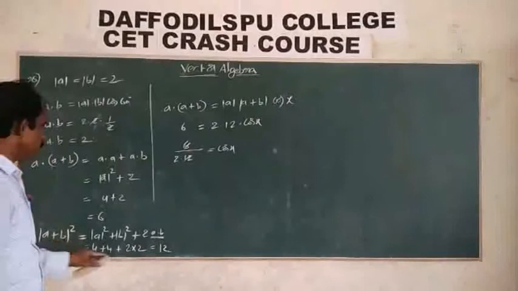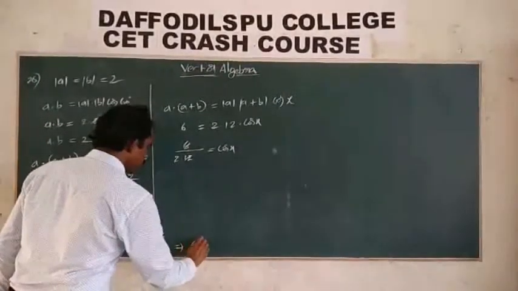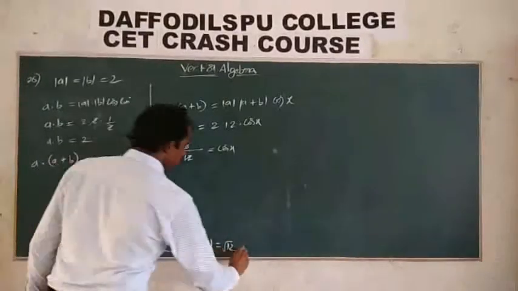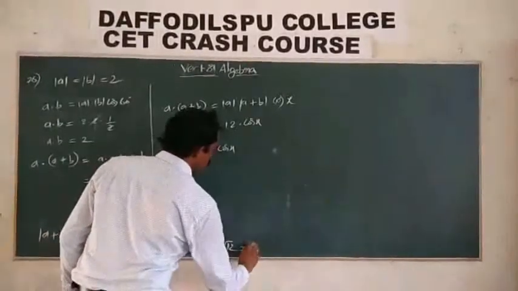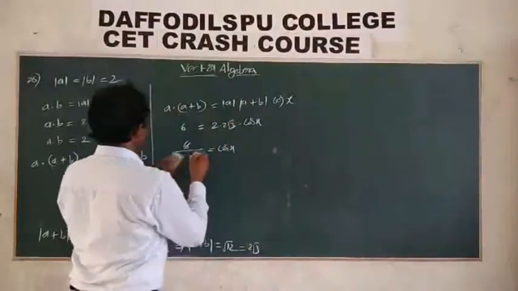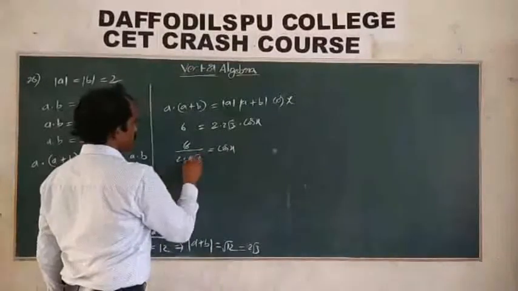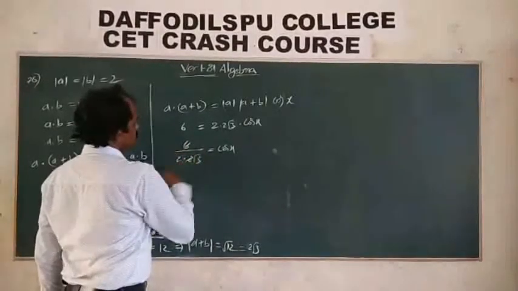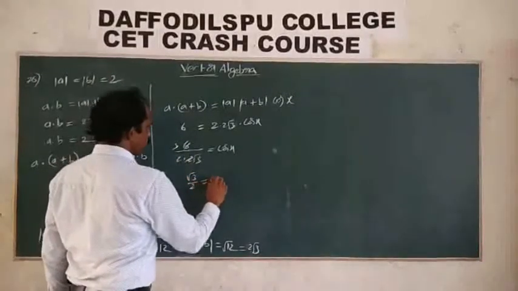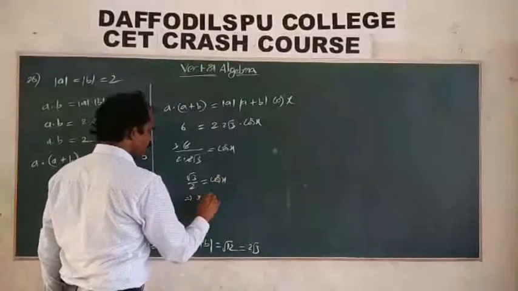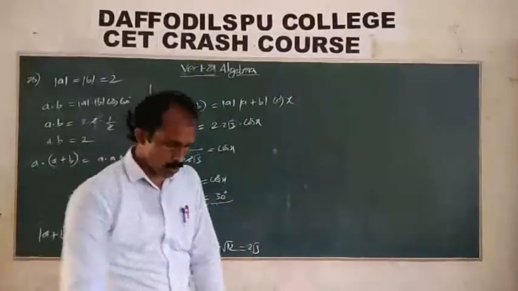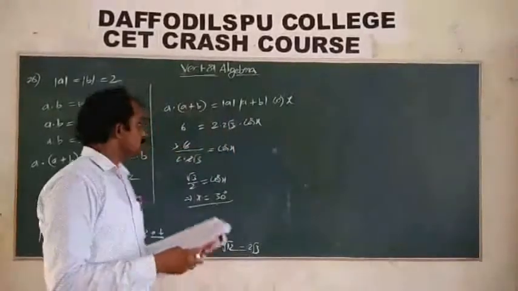Root 12 means 2 root 3. So 6 divided by 2 into 2 root 3 is equal to root 3 by 2, which is cos x. That implies x is equal to 30 degrees. Therefore, the first option is the correct answer.